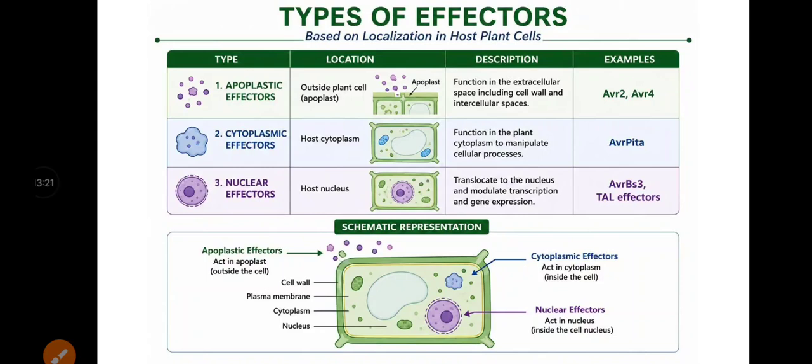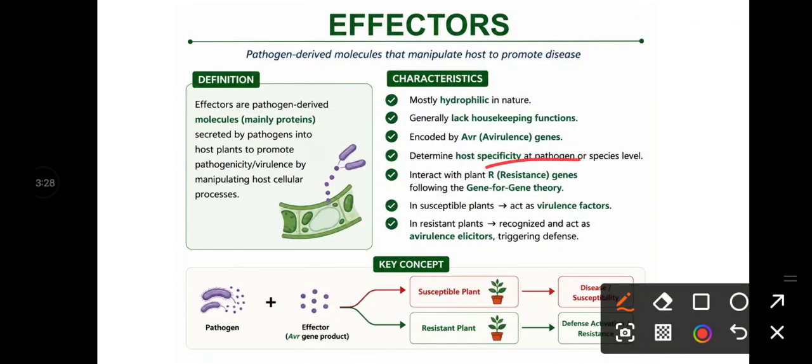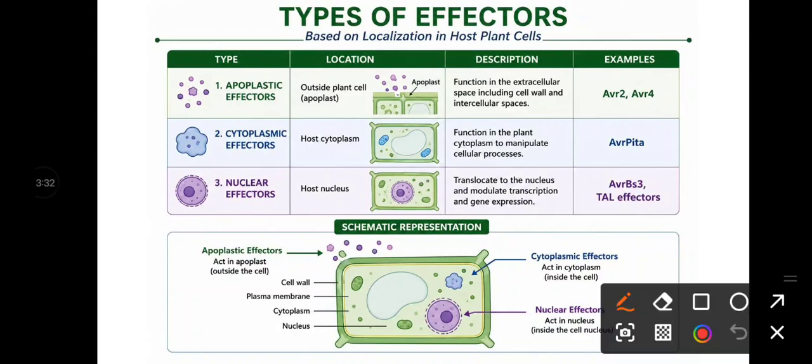The location of the apoplastic effector is outside the plant cell, in the apoplast, and they function in the extracellular spaces including the cell wall and intercellular spaces. Examples of apoplastic effectors are AVR2 and AVR4.